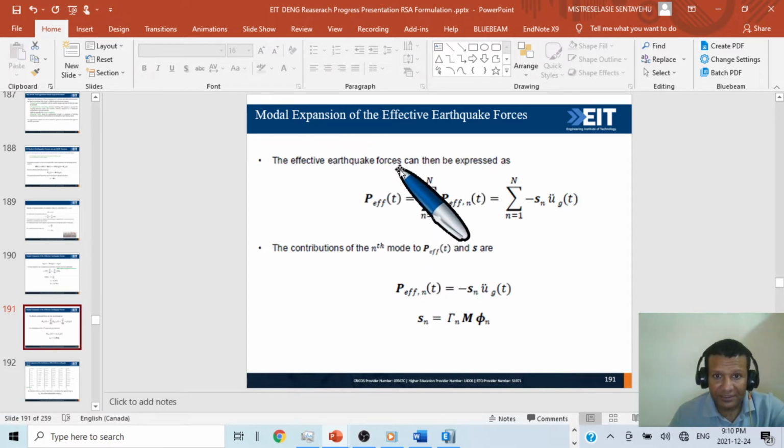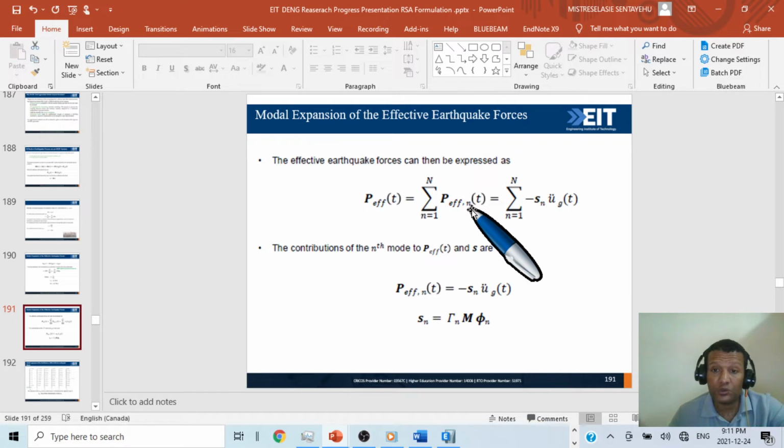So the effective earthquake force can be expressed as: total P effective is equal to the sum of P effective for the nth mode. That means mode 1 has its own P effective, and it has a contribution, so n from 1 up to N, P effective n of t equals minus Sn ug double dot.